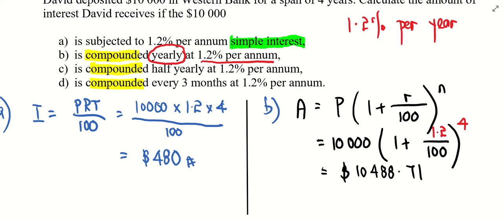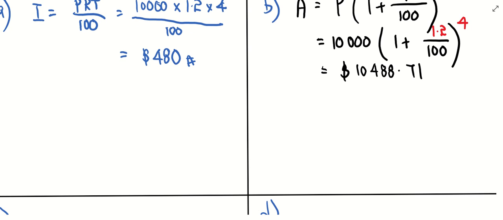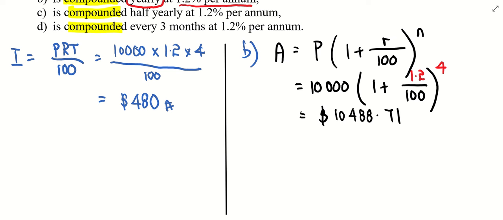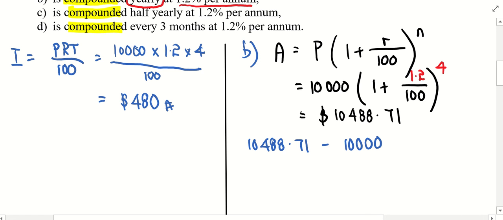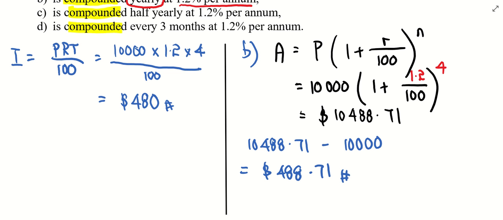This is the total amount, but you only want to find the interest. So, the amount of money that you earn, please go and minus off accordingly. So the money is just $488.71. This is a very basic question on compound interest.